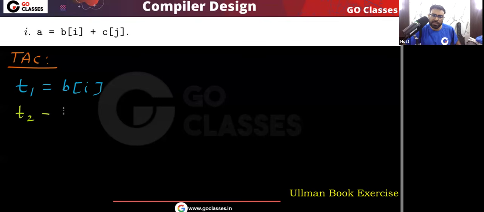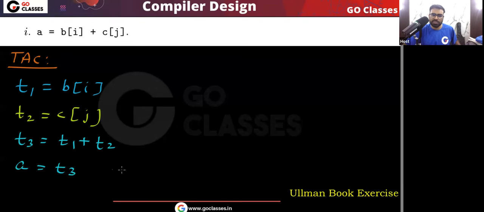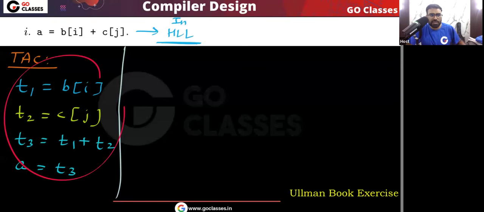Then in t2, we store c[j]. Then in t3, we do t1 plus t2. And then a equals t3. Is this point clear? So remember, this is the three address code corresponding to this high level language statement.